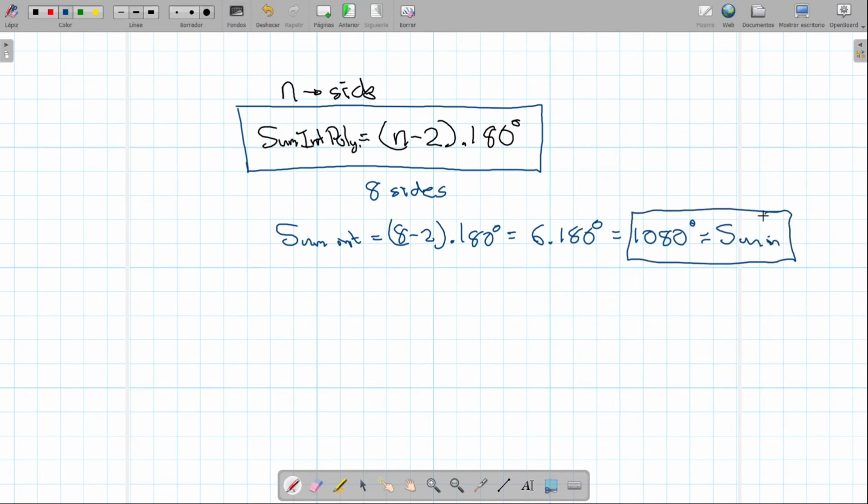We can use this formula to find the sum of the interior angles of a regular and a non-regular polygon of n sides.